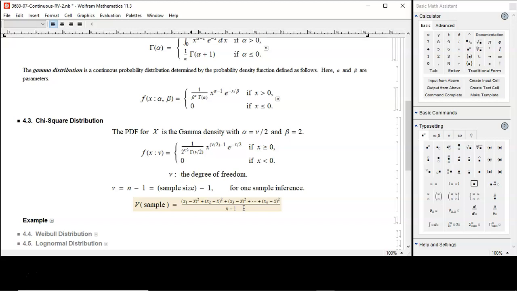And xn can be determined by everything else, x1 through xn-1, and then x bar. Doesn't have to be xn. x17 can be determined by the other xk's and the mean, and x3 can be determined by the other xk's and the mean. So n-1 of those sample statistics can be anything.